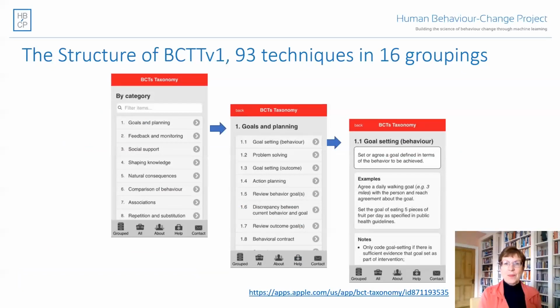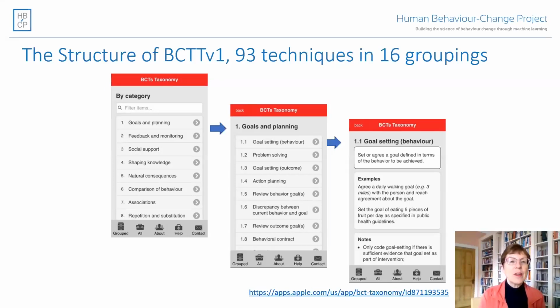So the structure, we have 93 techniques and 16 groupings, and just using some screenshots from the app here to demonstrate it. We have categories, so on the left here you have the first 8 of the 16 groupings.